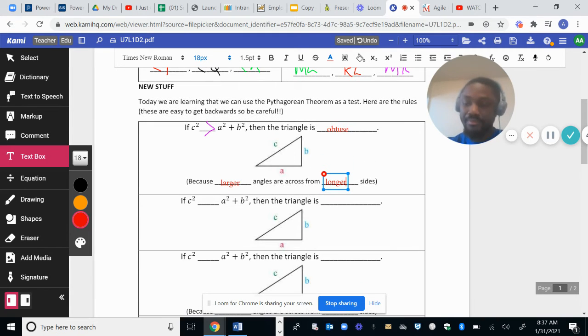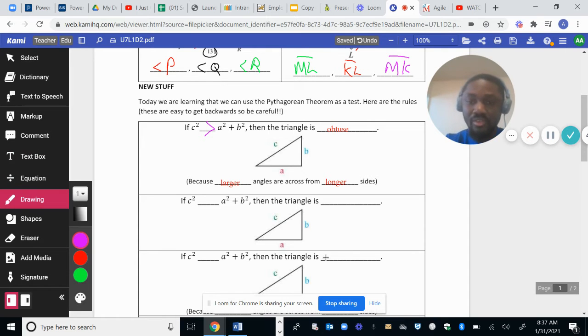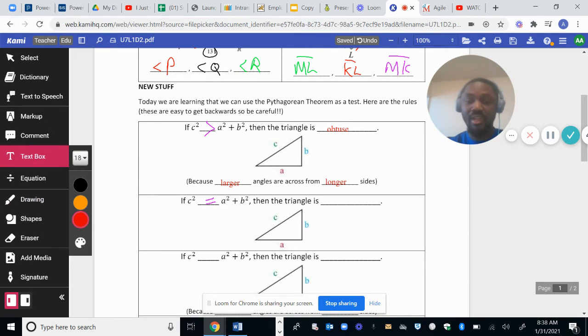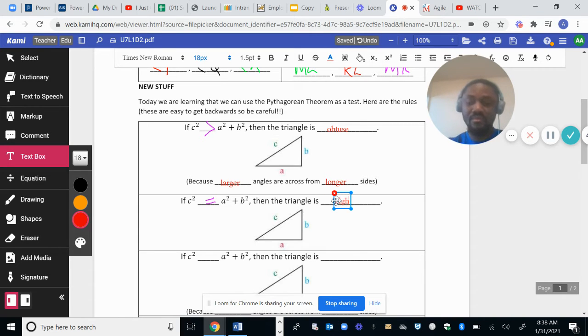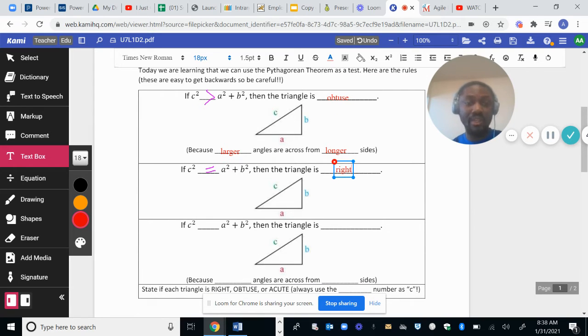The other way around, if the square of the longest side is equal to the sum of the squares of the two legs, then the triangle is said to be right. This is what we did yesterday when we were talking about the Pythagorean theorem, okay?